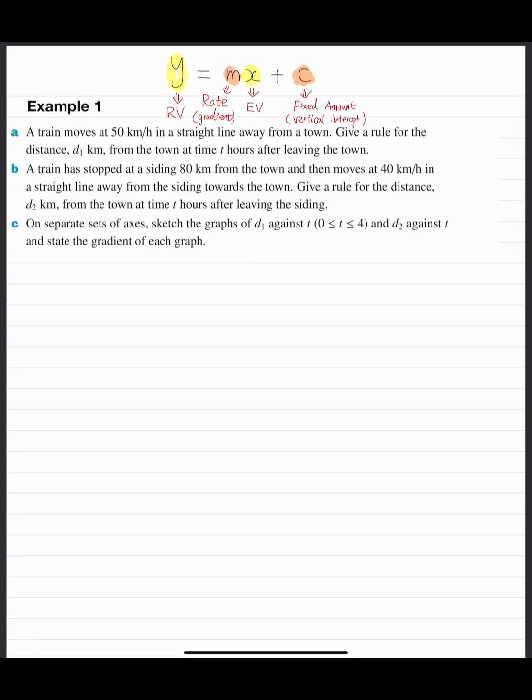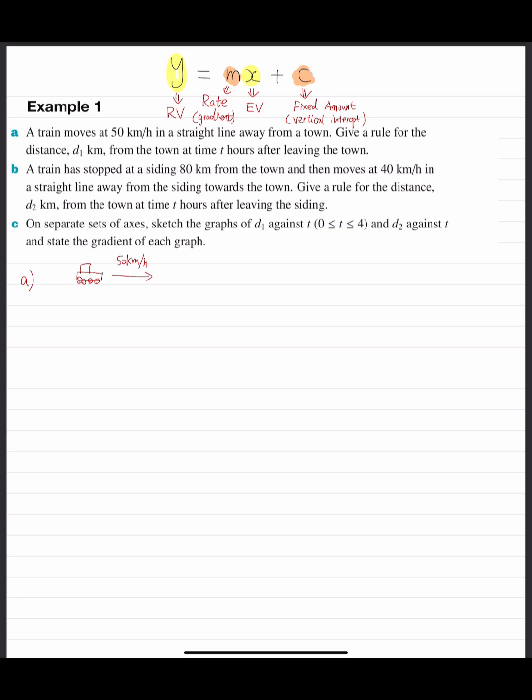Now let's look at part A. Before we start to identify the key parameters, let's construct a little diagram to better understand the scenario. So you have a train moving at a speed of 50 kilometers per hour in a straight line away from a town.